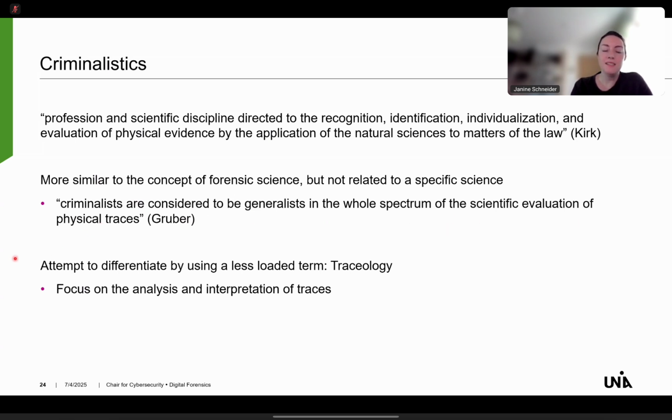And there was an attempt to differentiate all these different aspects by using a less loaded term, and this term is traceology. So it's a pretty new term that we also didn't discuss yet. And there we have a focus on the analysis and interpretation of traces.